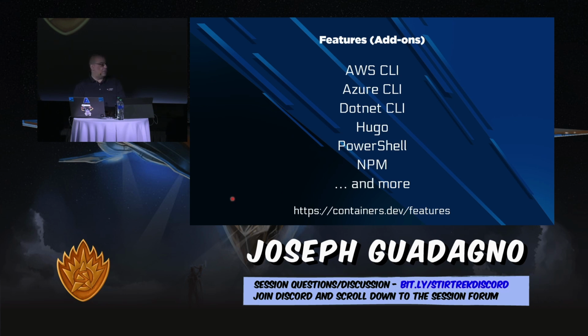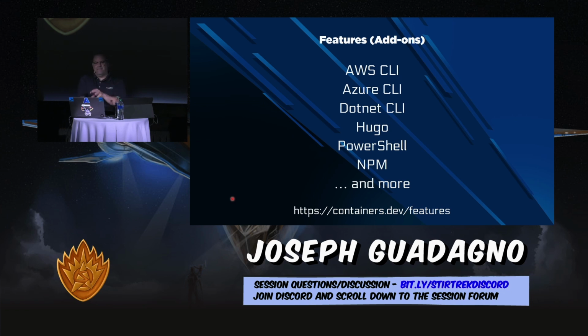Same thing with features. There are a lot of different features available to add. Now these are add-ons. If you think about it like you have a brand new laptop, just installed, has the operating system. Now when you get in there, you typically want to install something like Winget or Scoop or Chocolatey, and then go through and add on stuff.